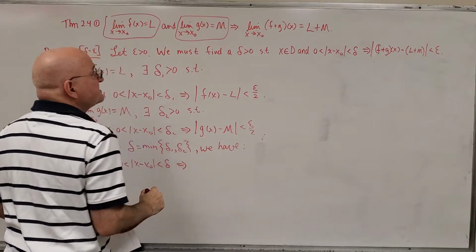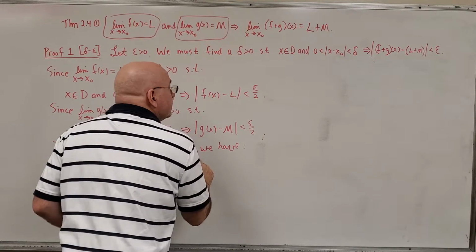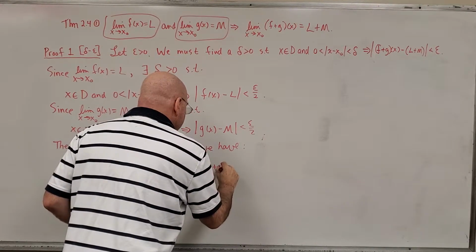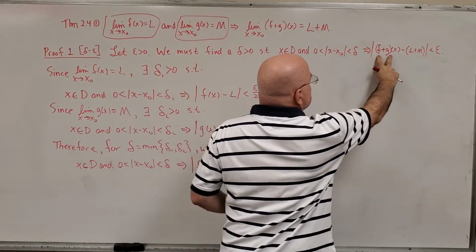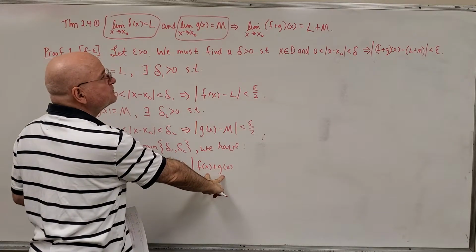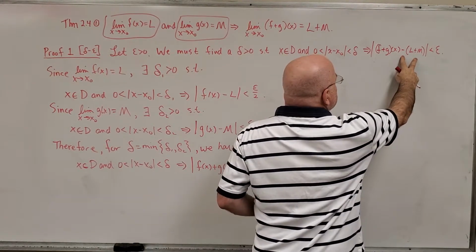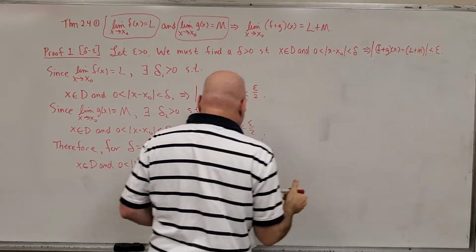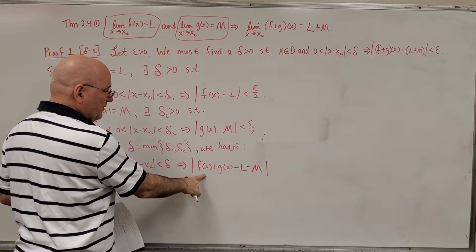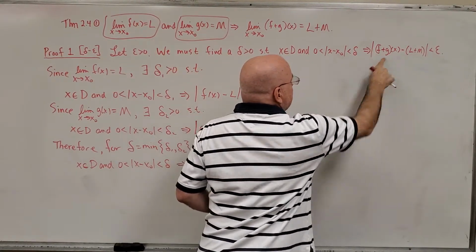That implies that what we're looking for is, I'm going to rewrite f plus g of x as equivalent to this. I just wrote it separately here. And minus L plus M is the same as minus L minus M. So this is exactly equal to what's in absolute values there.